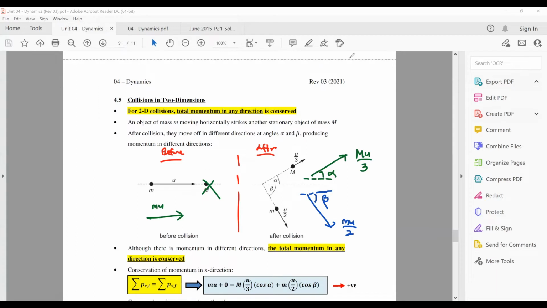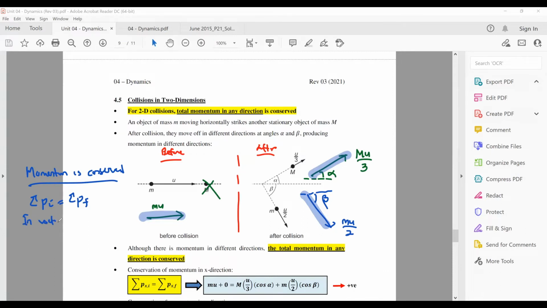These are the vector arrows for the momentums as they are. I'm not resolving the vectors. What I do know is that momentum is conserved, so the sum of momentum before collision is equal to the sum of momentum after collision.